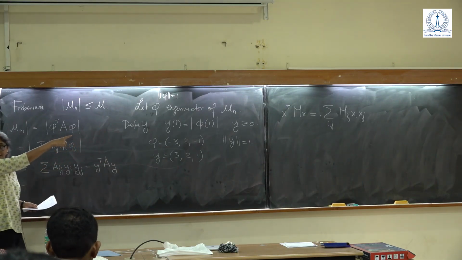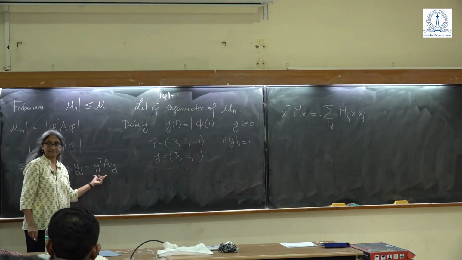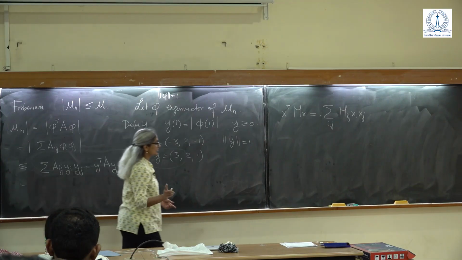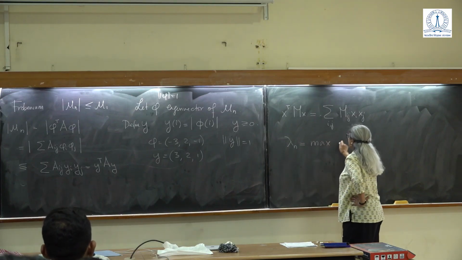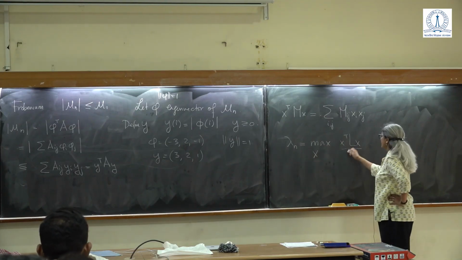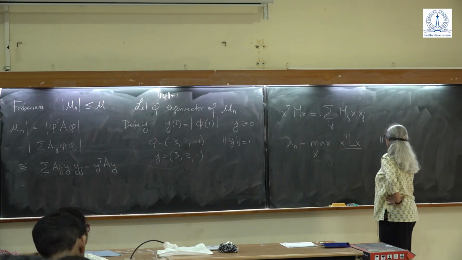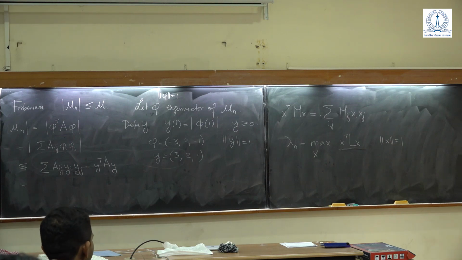I'm just using that thing again. That's y transpose A y. Do you see by Courant-Fisher how this is related to mu 1? The Courant-Fisher exercise, the second piece, was that lambda n is the max of x transpose Lx over all x of norm 1, so I don't need the denominator.